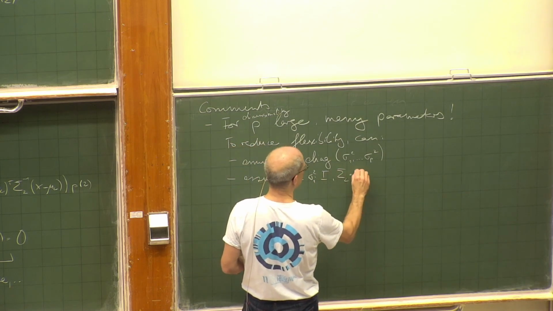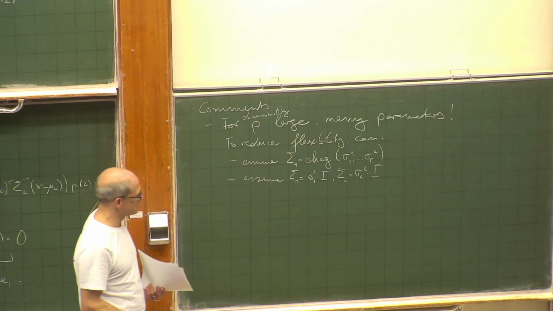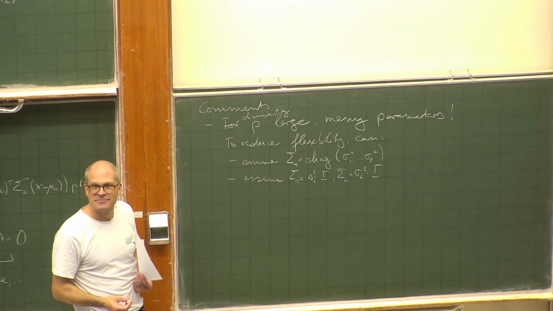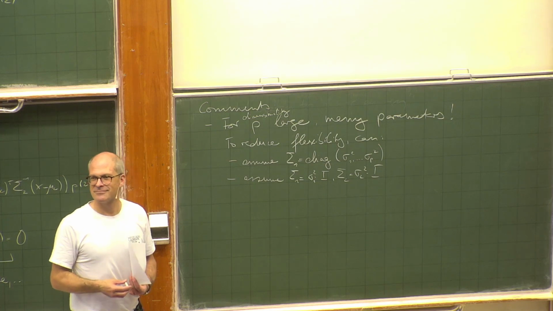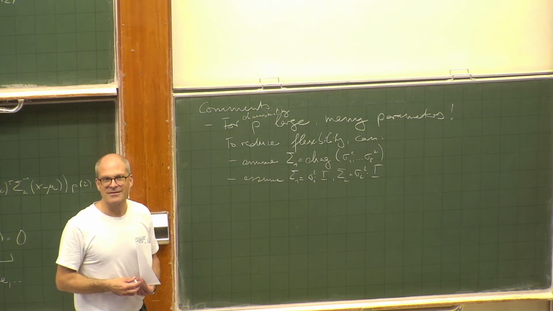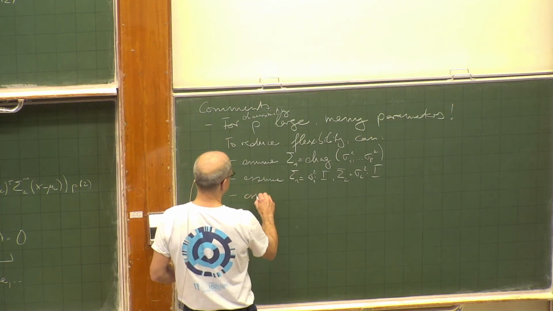And sigma 2 would be sigma 2 squared times the identity matrix. Okay, even stronger. Exactly.